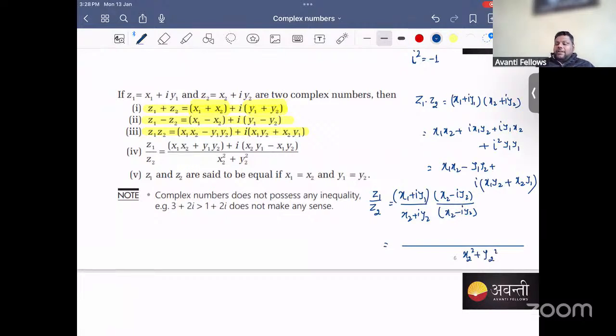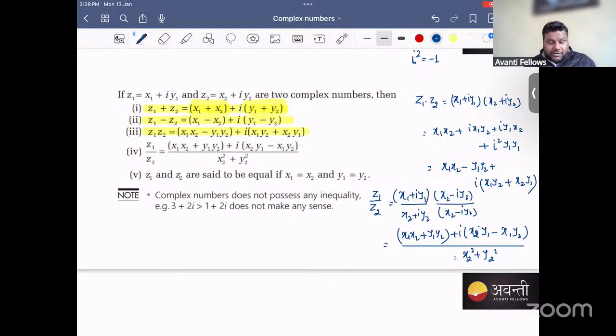And in the numerator, we multiply like we have done earlier. So that will be x1 x2 plus y1 y2 plus iota times x2 y1 minus x1 y2. Understood? So this is how we divide two complex numbers.